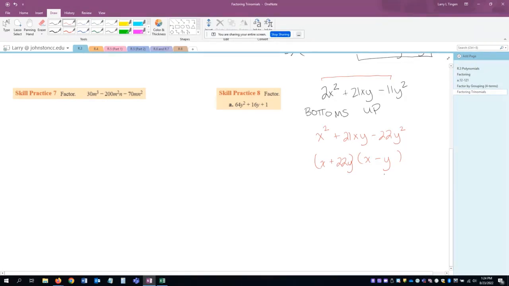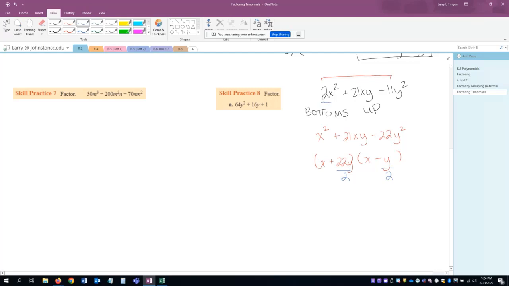Okay. Now here's the catch. Remember that we multiplied A and C together. So now I have to undo that step. And what that leads me to is whatever I found to be the two multiplying factors, I now divide them by whatever A was to start with.